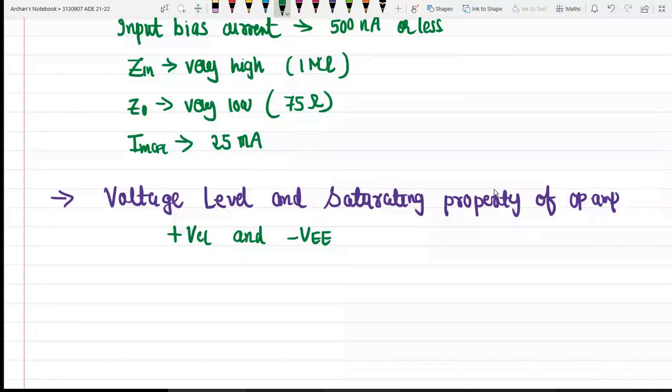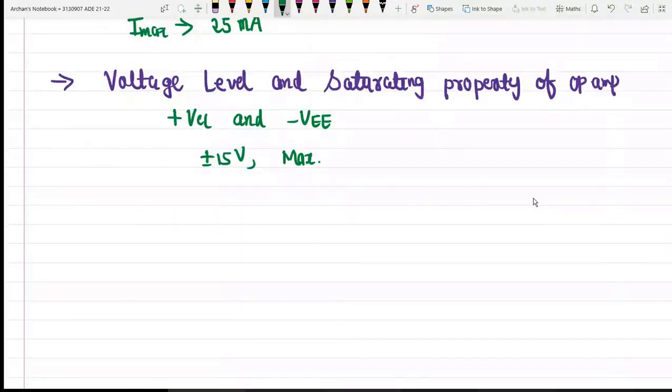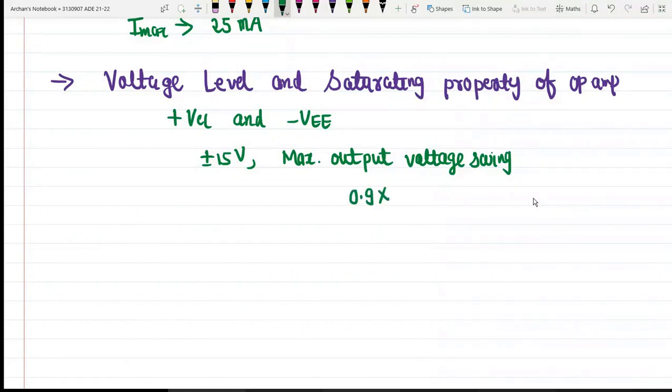If we talk about the maximum output swing of the op-amp, it will be 90% of the supply voltage, or you can say 0.9 times the supply voltage. Suppose I am using a supply voltage of plus or minus 15 volt, then the maximum output voltage swing will be 0.9 times plus or minus 15 volt, that is plus or minus 13.5 volt.